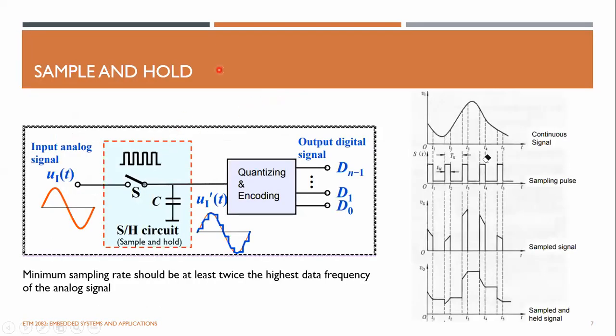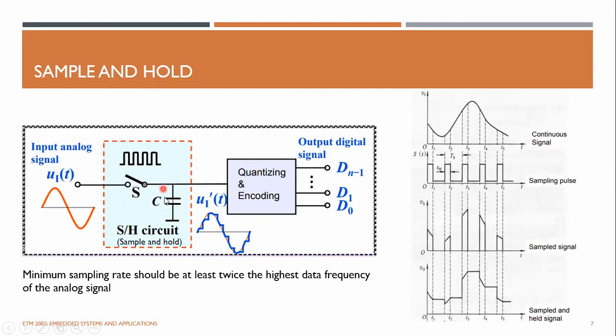And this is how the sample and hold looks. This is your input signal, and this is that FET switch. It is driven from a clock source, a digital pulse. So once this is on, the switch is closed; once this is 0, the switch is open.